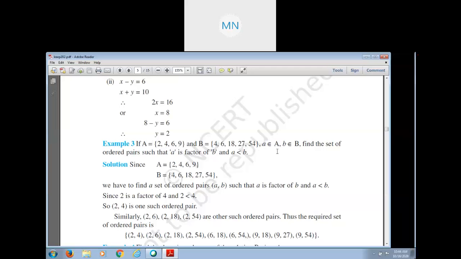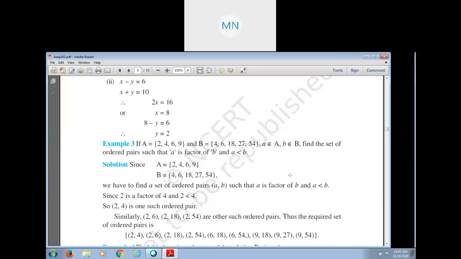Can you tell me how many elements are in A cross B? 20, because A has 4 elements and B has 5 elements. So the total number of elements in A cross B is 4 into 5, which is 20.